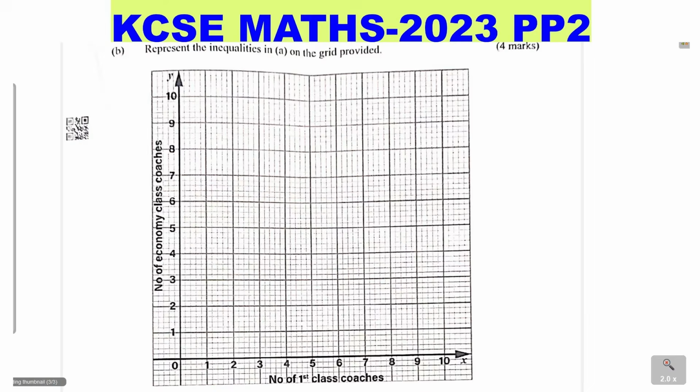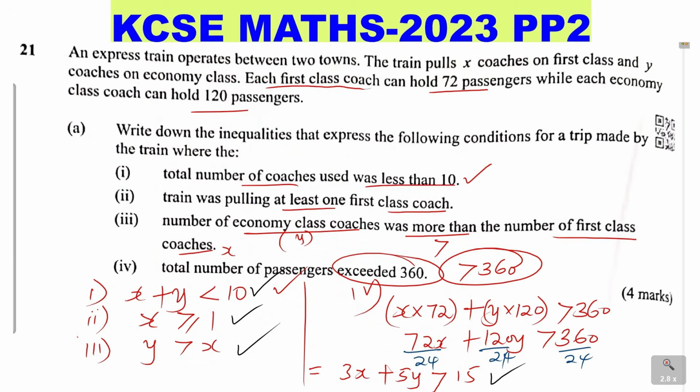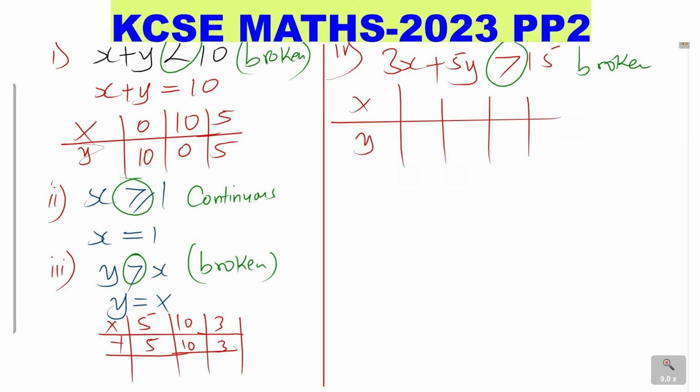The fourth one is 3x plus 5y is greater than 15. For this greater than, this line will be broken. So we get the points. So you have x, y. When x is 0, you substitute 0 in this equation.